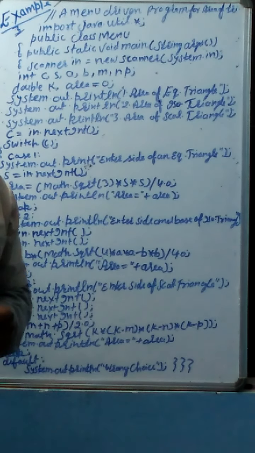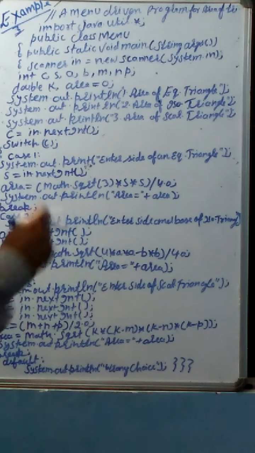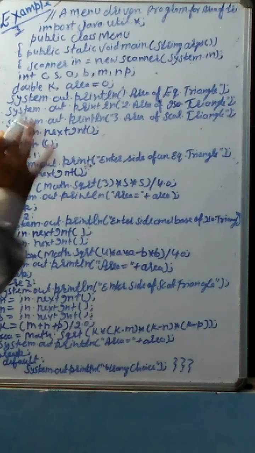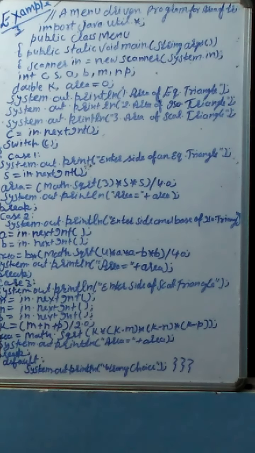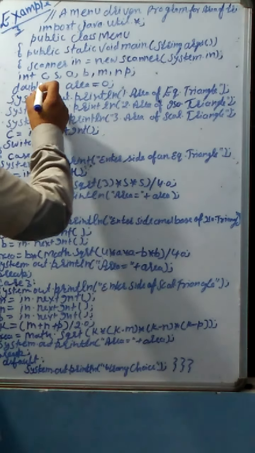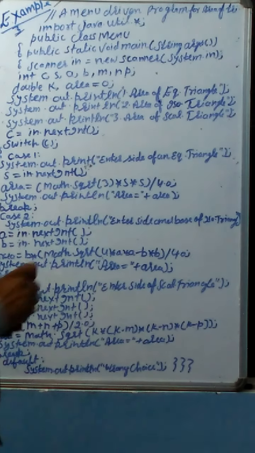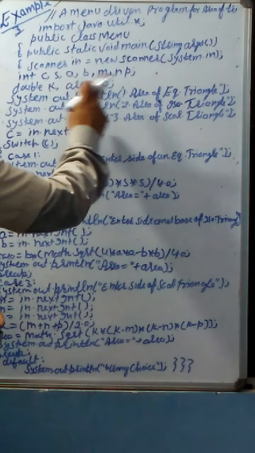Any variable you can take. No need to use the same variables, but according to the formula you will use them. Now these variables we will define in the integer data type, because there is no decimal point.